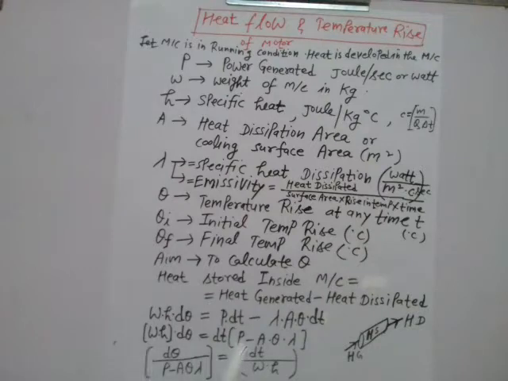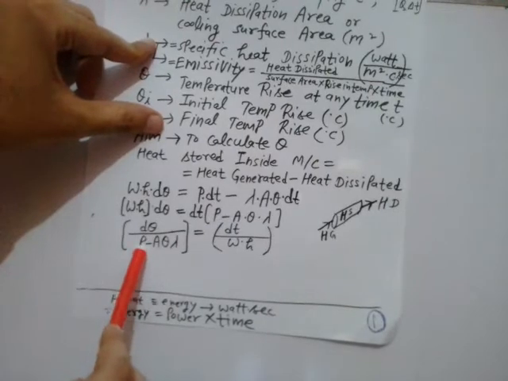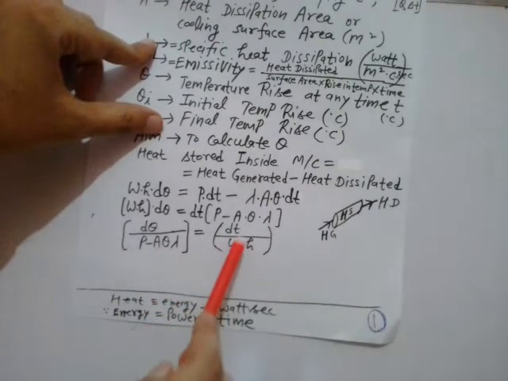Now rearrange the equation: w h d theta, take dt common, so dt into P minus A theta lambda. So d theta by P minus A theta lambda is equal to dt by w into h.